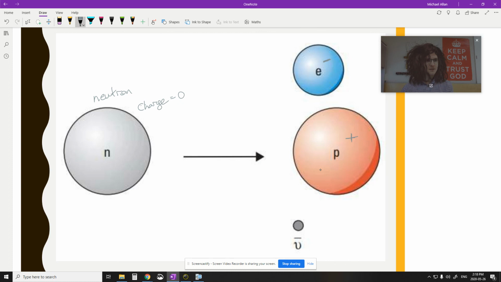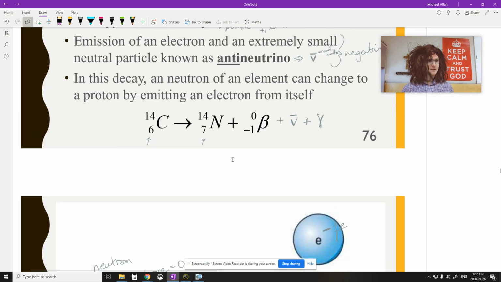So over here, everything's got to add up to 0 as well. All right, and this antineutrino down here is also 0. So this one here is plus 1e, and this one's negative 1e. So that still balances out. So charge is balancing, nucleon count balances, okay?